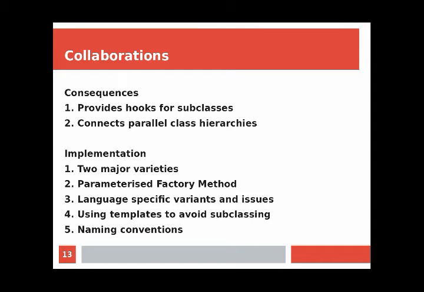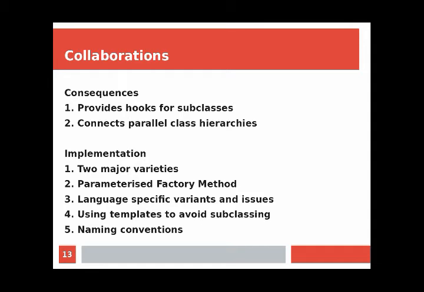Here are two additional consequences of the factory method pattern. First one is that it provides hooks for subclasses, in which creating objects inside a class with a factory method is always more flexible than creating an object directly. Factory method gives subclasses a hook for providing an extended version of an object.